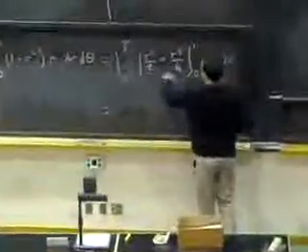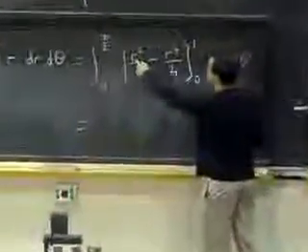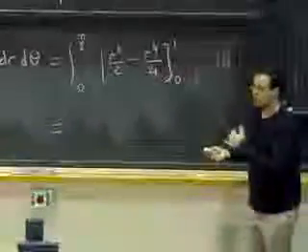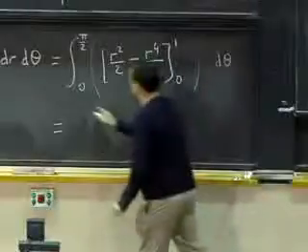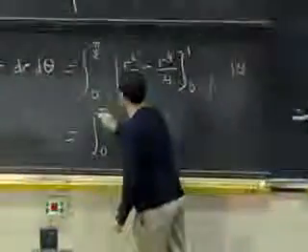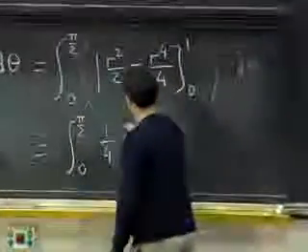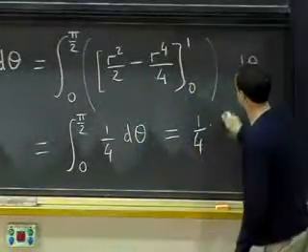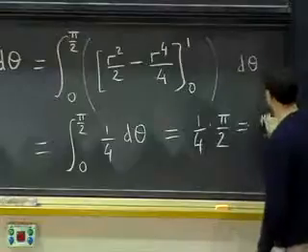So what is this equal to? Well, for r equals 1, you get 1/2 minus a quarter. That's going to be just a quarter. And when you plug in 0, you get 0. So it's the integral from 0 to pi over 2 of 1/4 d theta. And that just integrates to a quarter of pi over 2, which is pi over 8.